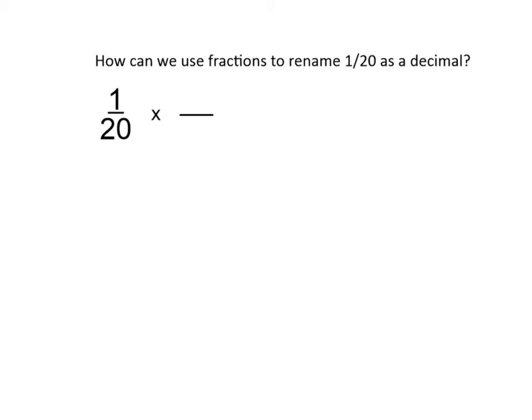So I'm going to use fractions to rename 1/20th as a decimal. 20 needs to go to 10, 100, or 1,000. 20 can't go to 10 because the 1 cannot, so I'm not going to do that. 20 can go to 100. I know that 20 times 5 is 100.